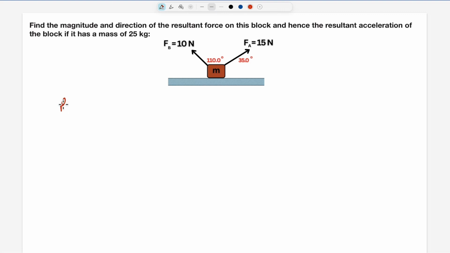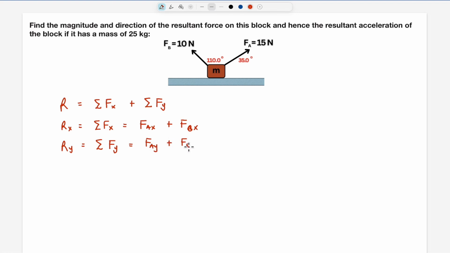So the resultant, let's call it R, is going to be equal to the sum of all the forces along X plus the sum of all the forces along Y. So for Rx, the sum of all the Fx forces is going to be Fax plus Fbx. And then Ry is going to be the sum of all the Fy forces, which is Fay plus Fby.